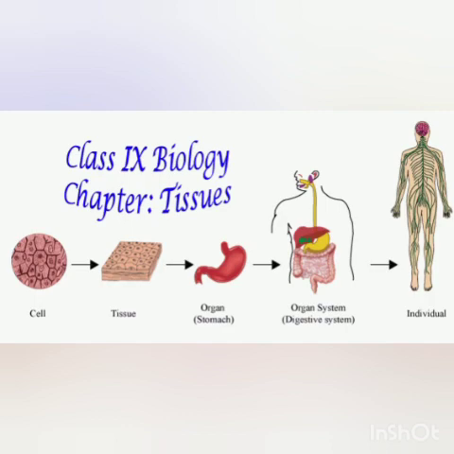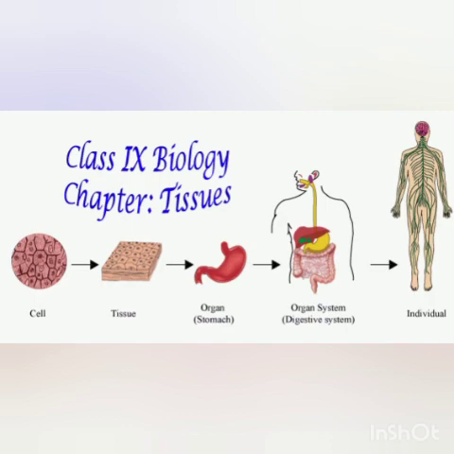But now we will study complex permanent tissue, and this tissue is made up of more than one type of cells.